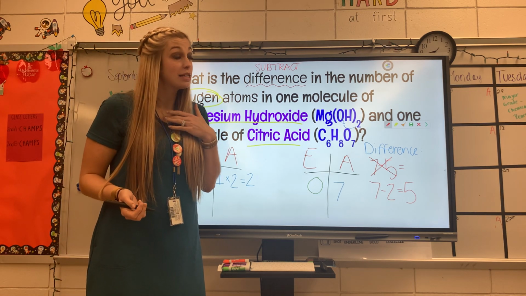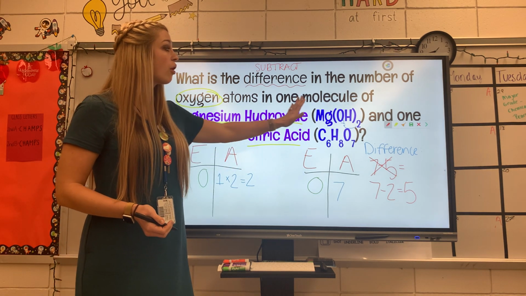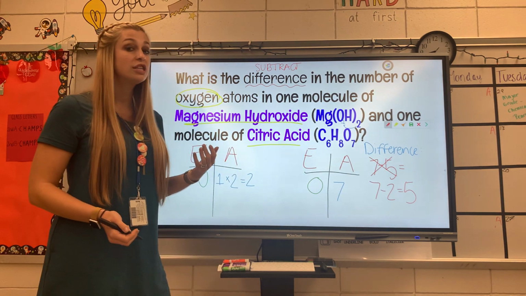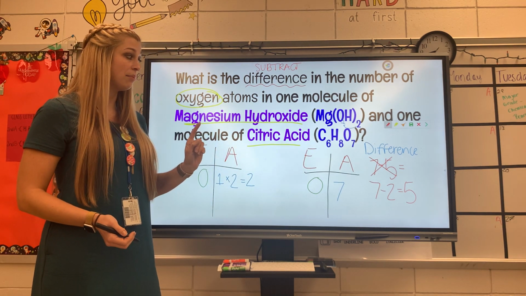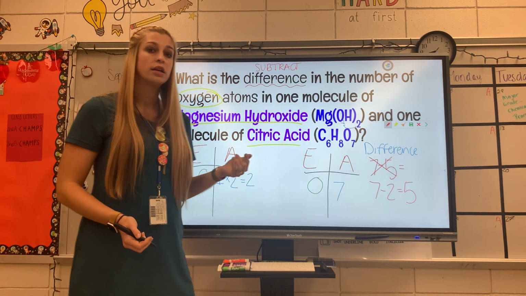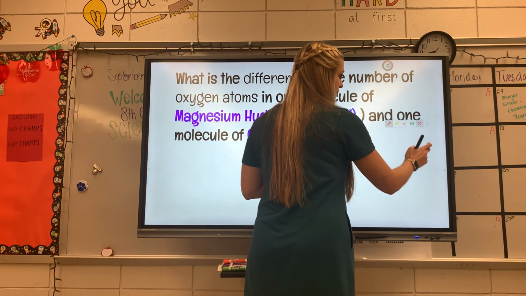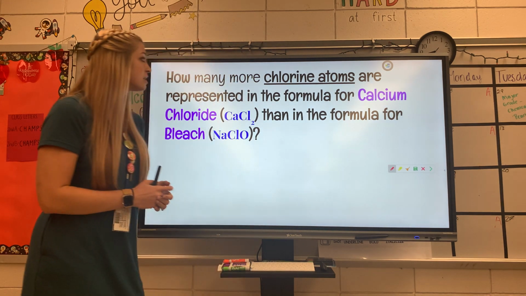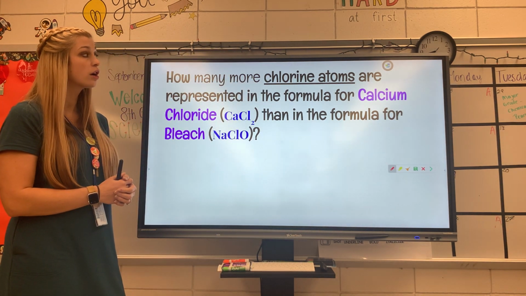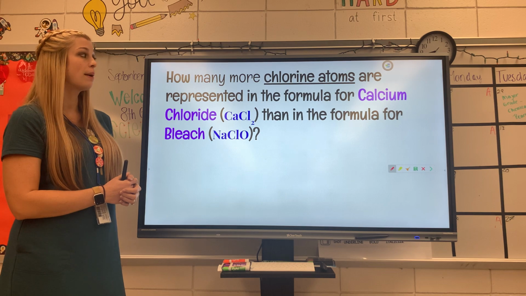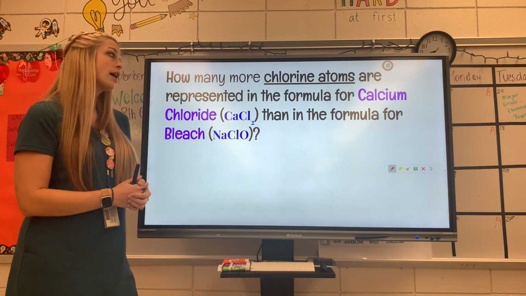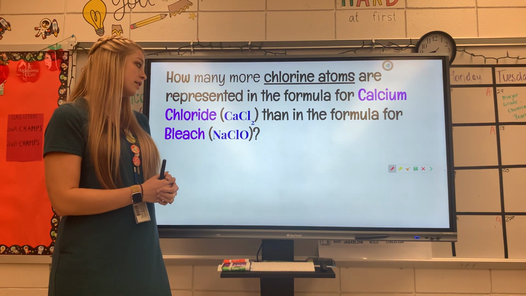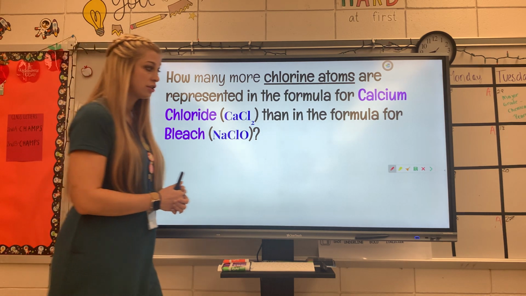I kind of like that one because we didn't have to do the EA chart for the whole molecule. We just had to do it for that one element, only for oxygen. Let's try another one kind of like that. All right, this one says how many more chlorine atoms are represented in the formula for calcium chloride than the formula for bleach.